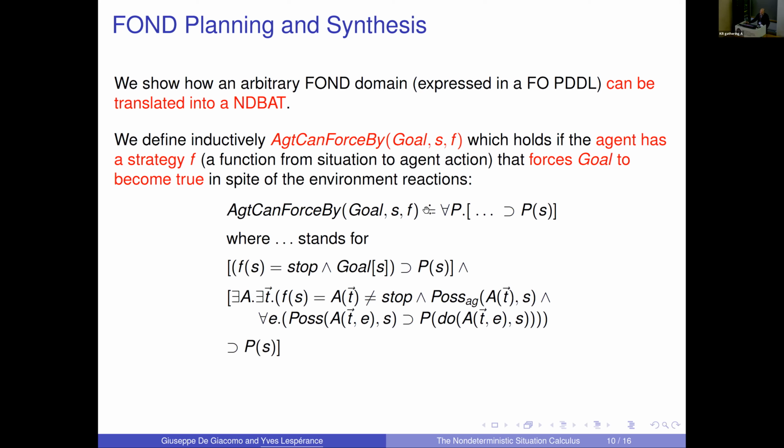Then we define a predicate that says essentially that if the agent is in situation S, he can force a goal to become true no matter what the environment reactions are by performing strategy F. A strategy is a function from a situation to an agent action.